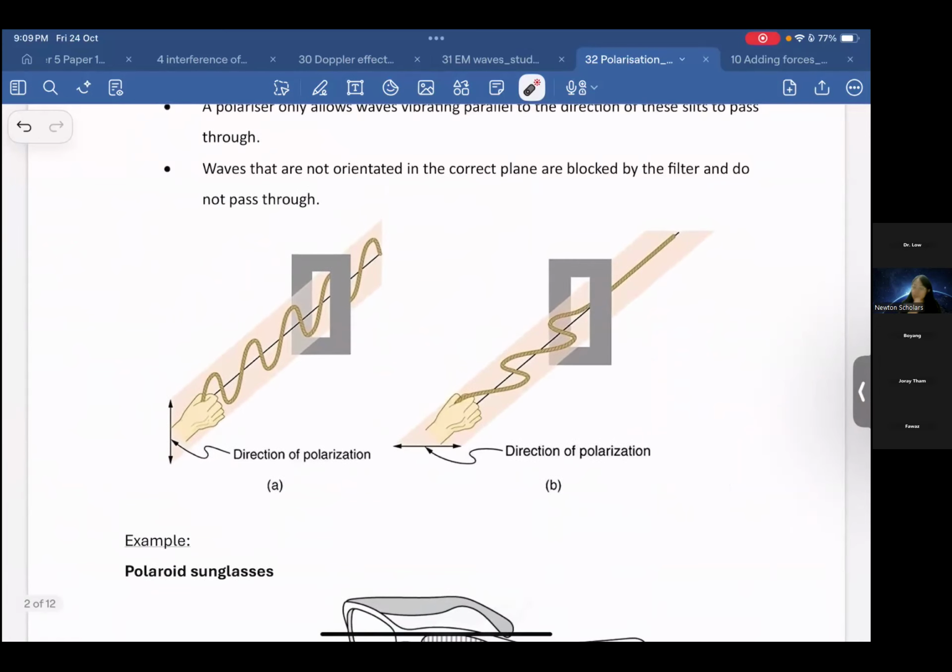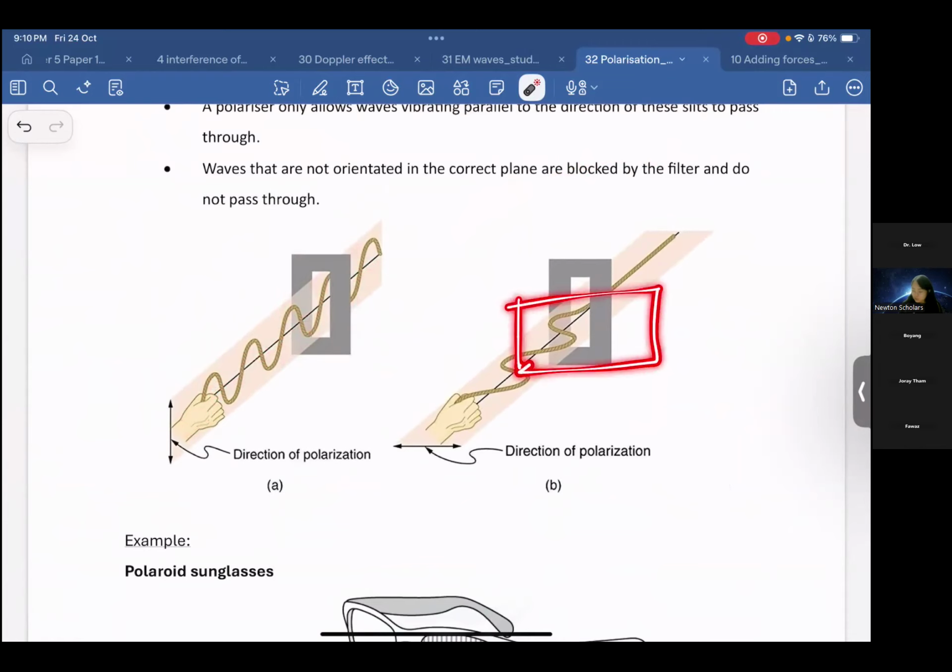Imagine a longitudinal wave moves forward and backward, forward and backward, and the wave travels in this direction. No matter what kind of filter you use, it just passes through, nothing to block.